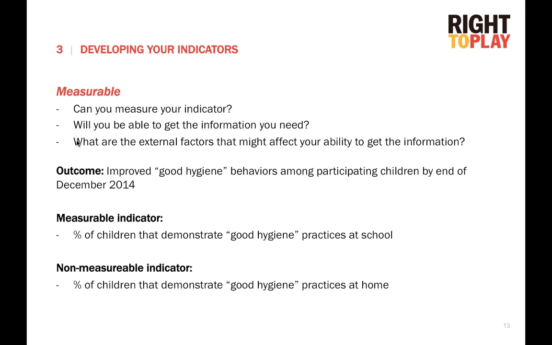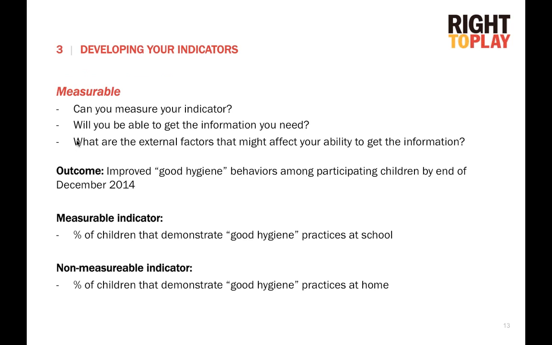So, for example, if our outcome is improved good hygiene behaviors among participating children by the end of December 2014, an example of a measurable indicator would be percent of children that demonstrate good hygiene practices at school. A non-measurable indicator might be the percent of children that demonstrate good hygiene practices at home.